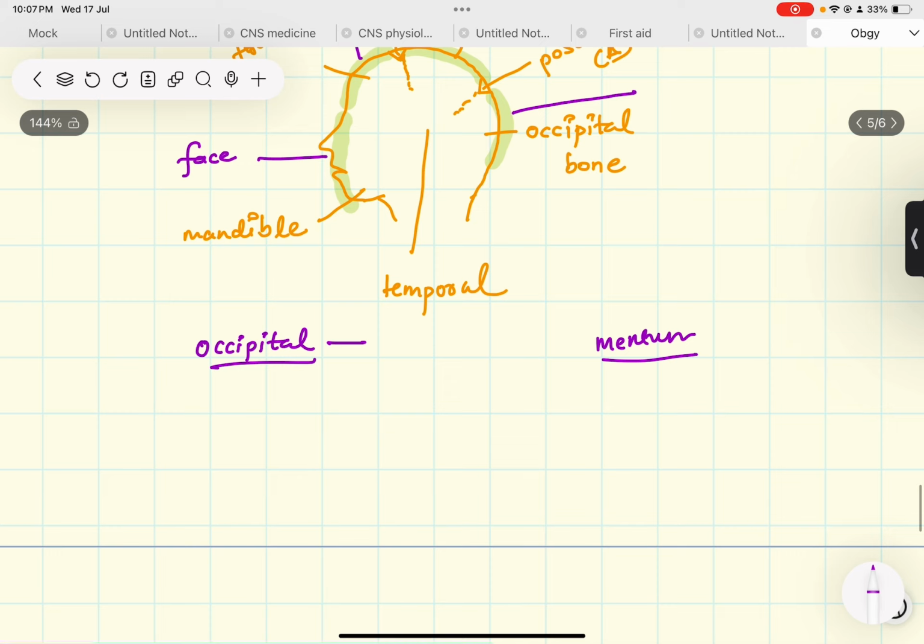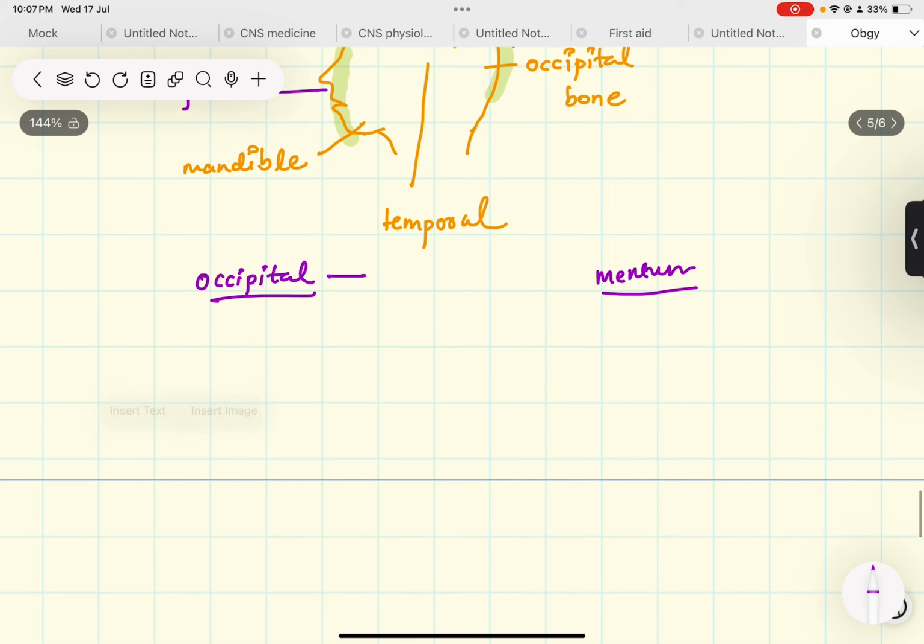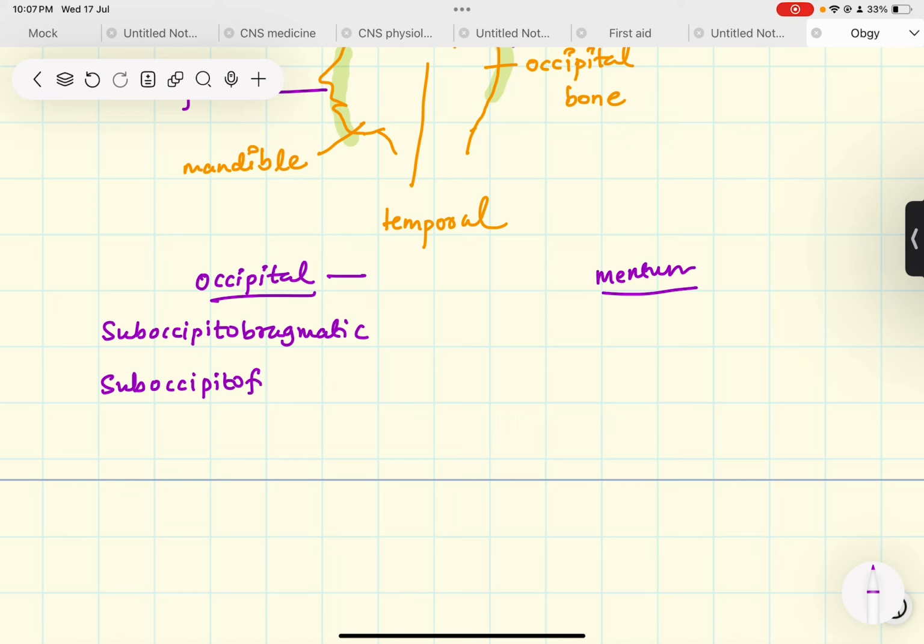So got it? So for flexion, you can remember suboccipitobregmatic, suboccipitofrontal and occipitofrontal.